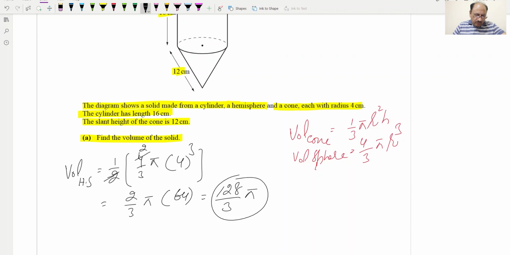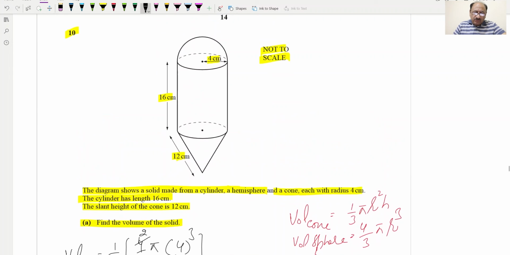This will be volume of hemisphere, which is basically this top section.